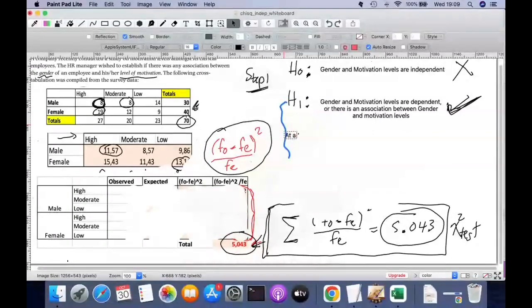So you would say at a 10% level of significance, we reject H naught and conclude there is an association between gender and motivation levels.